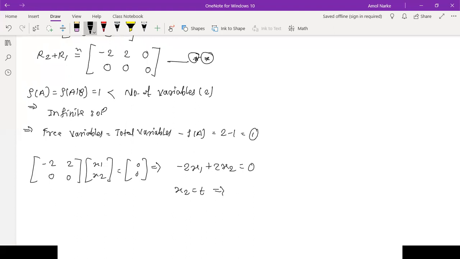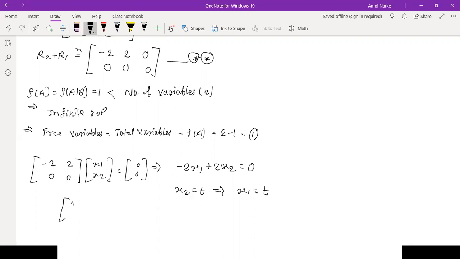So what does this imply? What is the value of x1? Tell me the value of x1. Only t. So what is my vector?